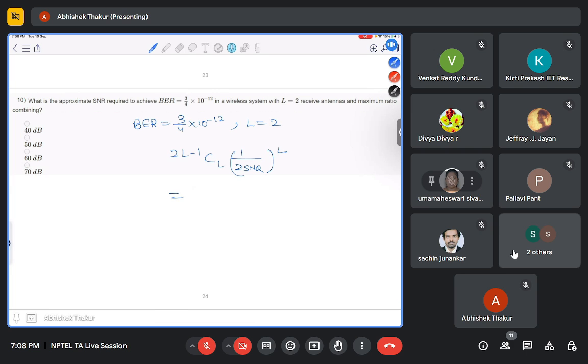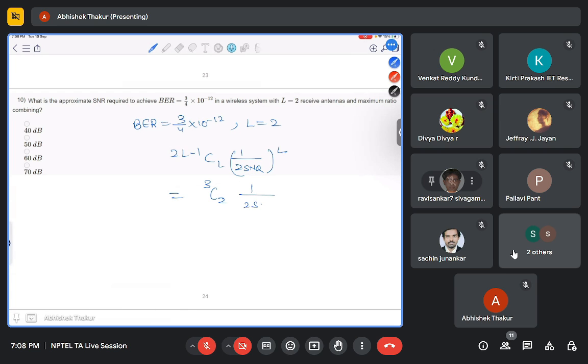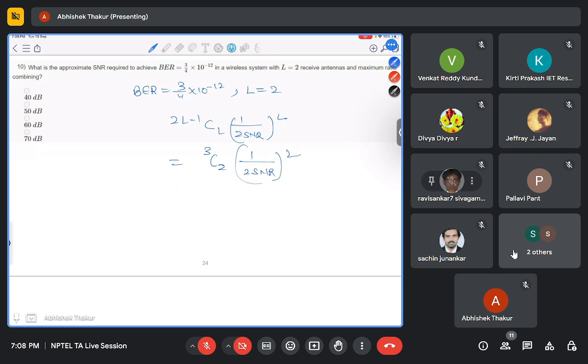So L is equal to 2, so it will be 3C2 times 1 by, and this value is given as 3 by 4 into 10 to the power of minus 12. So we have to find the SNR.